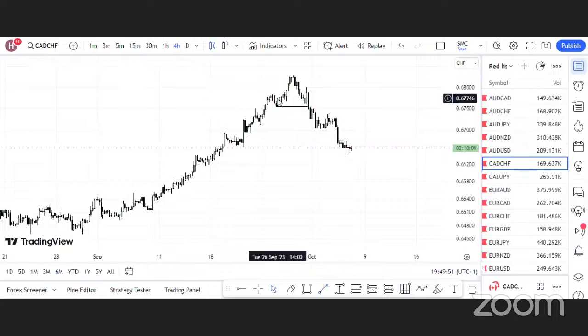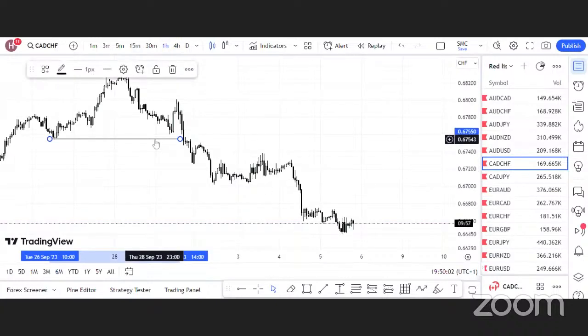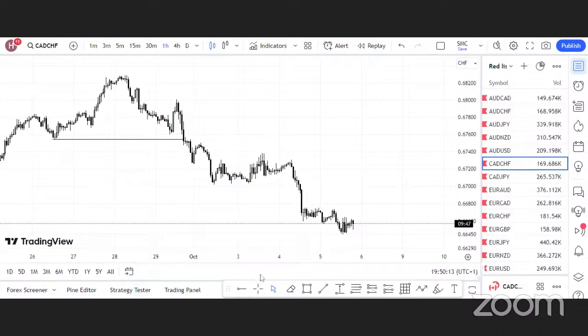I told you anytime it gets broken, that means the market has changed direction. So now the market is coming down, and what we should be looking for is a downtrend opportunity. So now you see we have this rejection area. The market came all the way down, gave us the rejection, came down, gave us this as another rejection.